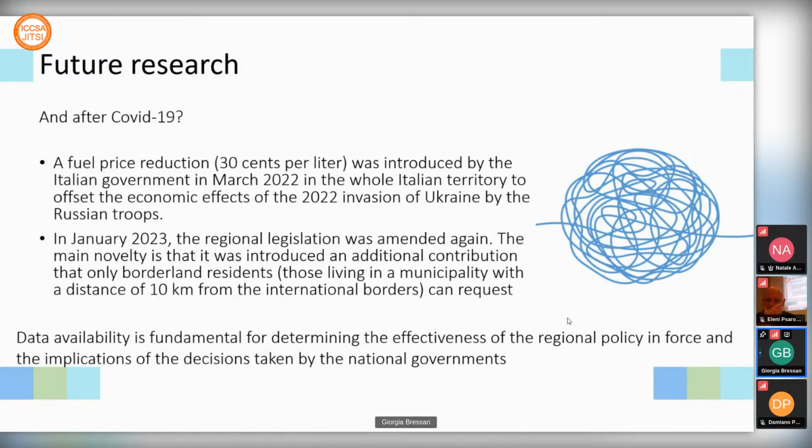And in order to perform analysis of the impact of such events, the availability of fresh data is again fundamental, because they are fundamental for determining the effectiveness of the regional policy in force and also the implication of the decisions taken by national governments. Data that at the moment are not available, which prevents further analysis.